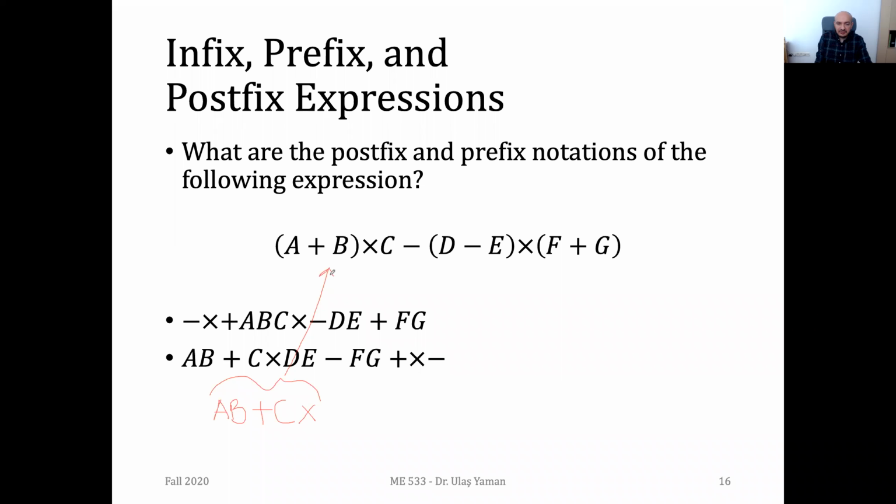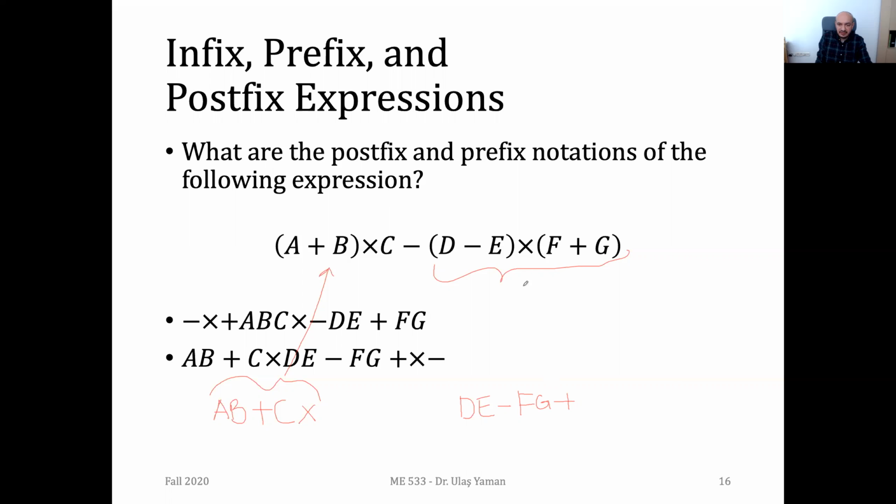And then I will now write the second part. Since we again have balanced parentheses, I need to first handle the things inside the parentheses. We are using the postfix notation, D and E, and they will be subtracted. And then what do I have? I have F and G, and we have a kind of summation there.